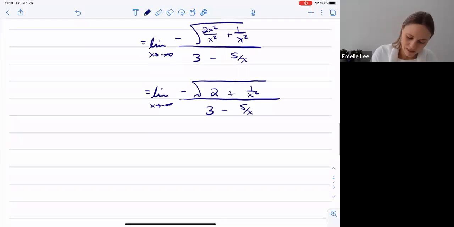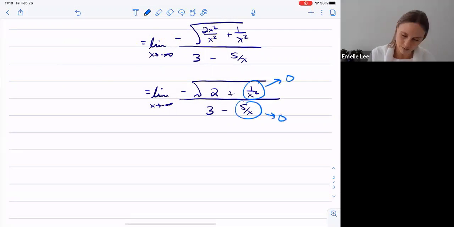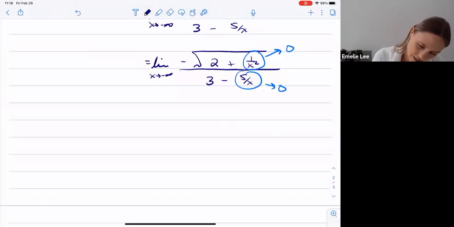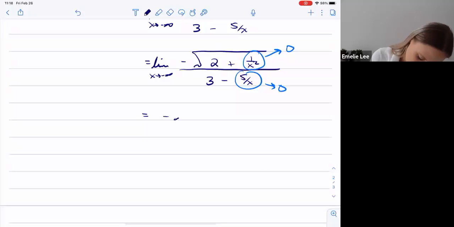So now if I take the limit, this is going to go to 0, and this is going to go to 0. Anything over x is going to go to 0 as long as it's a constant over x. Things are going to 0 out, and so you've got negative root 2 over 3 as your horizontal asymptote in the negative direction.